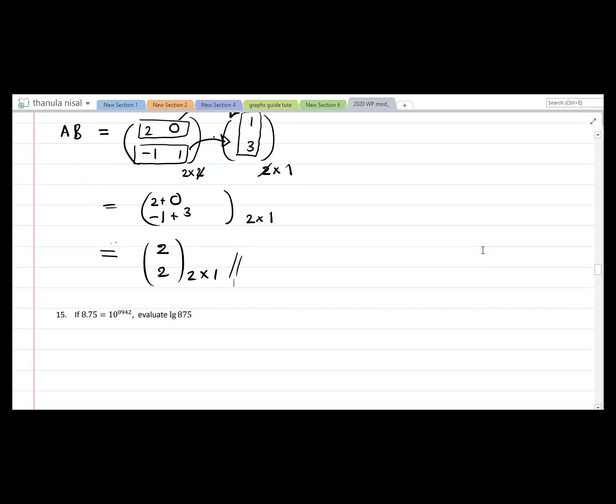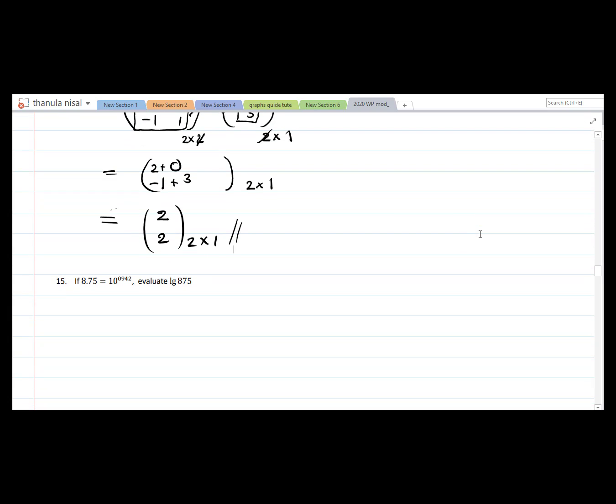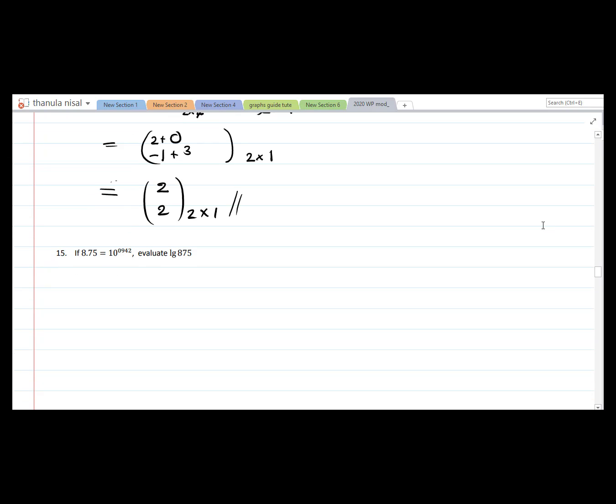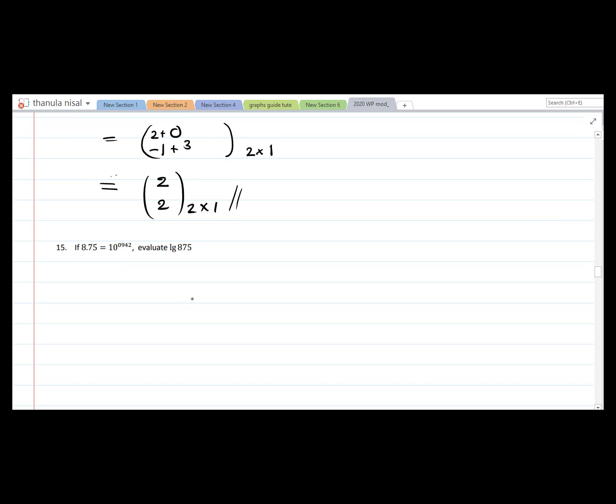Question number 15. It's regarding logarithms. Oh, that sounds crazy. We want to evaluate the logarithmic value of 875. Take this numerical value.